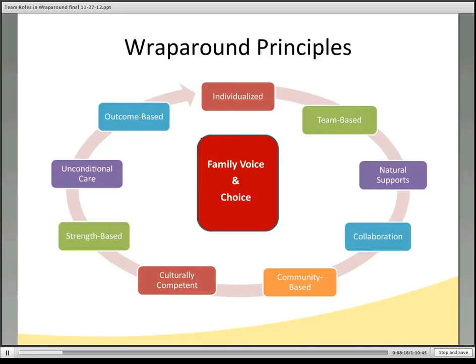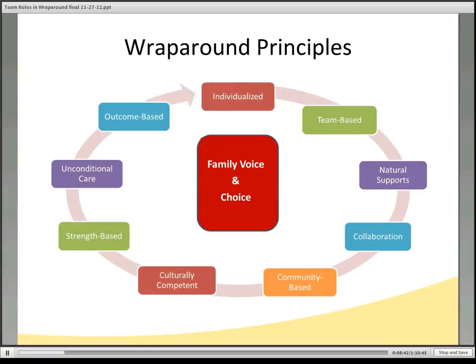And so when we talk about unconditional care in Wraparound, we want you to think that despite the challenges that may be present, there is an unconditional commitment by the team to serve the youth and their family until the team really reaches an agreement that there's no longer a need for formal wraparound services.